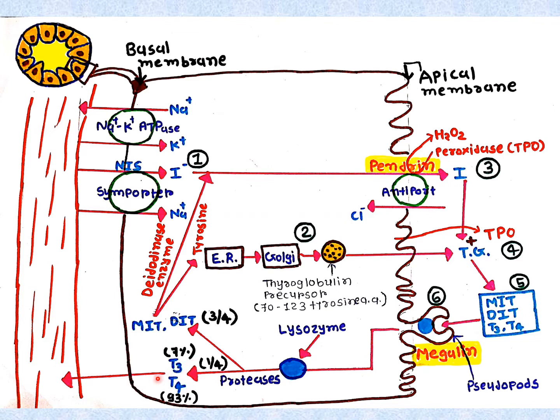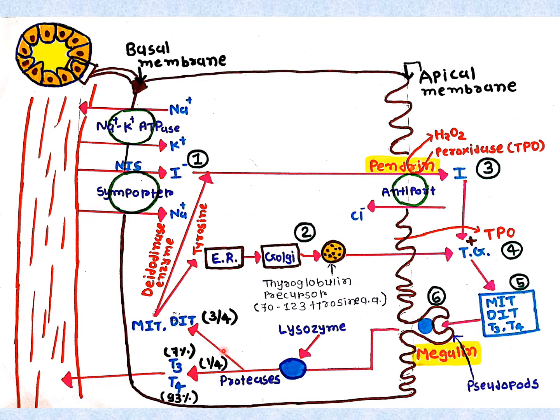Now this T3 and T4 are released in the blood, but 99% of this T3 and T4 is bound with the plasma protein, mainly thyroxine binding globulin, TBG. So almost 99% of the thyroid hormone is in the bound form, only 1% is the free form.